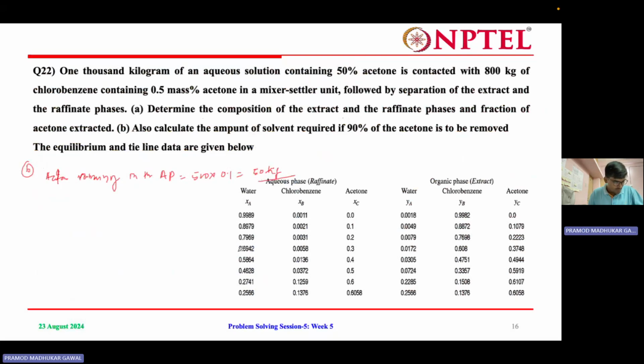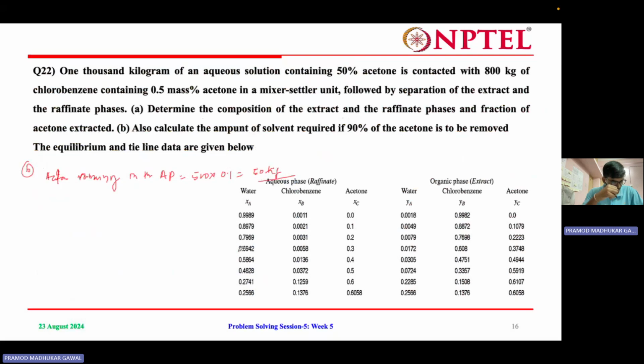It is to be noted that at this low concentration of the solute, the mutual solubility of water and chlorobenzene is negligible. Therefore, the raffinate may be assumed to be virtually free from chlorobenzene.